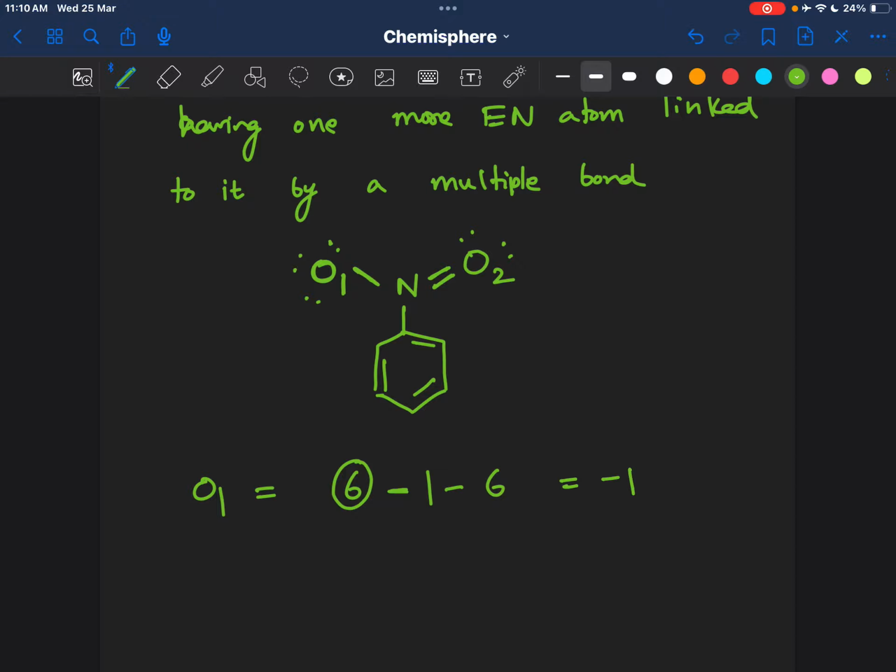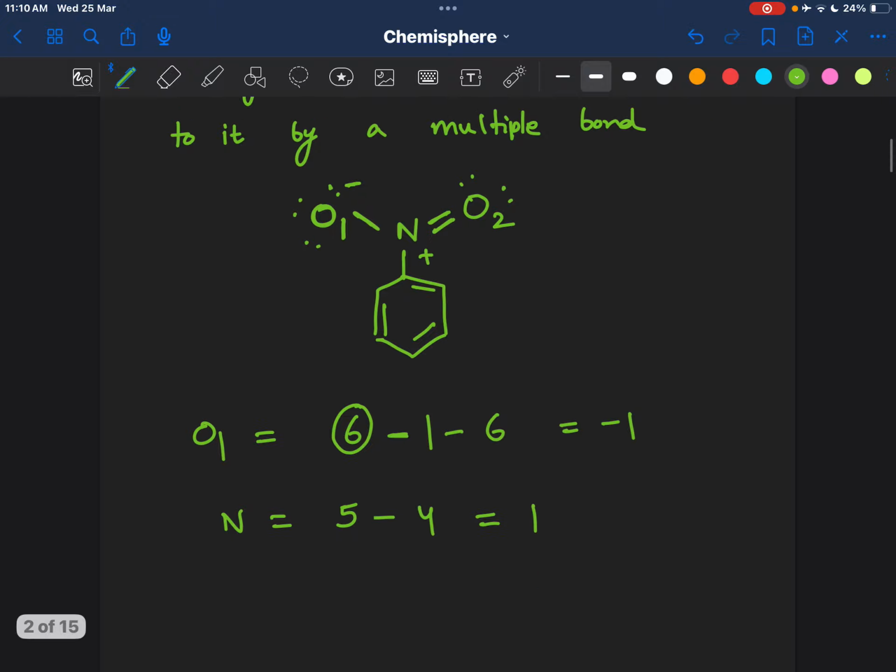So the charge here will be minus. The charge on nitrogen: nitrogen valence electrons are 5. Number of electrons involved in bonding, 1 here, and 1 2 here, 3 here, and 4 here. So 5 minus 4, and there are no lone pairs, as you can see. So it is going to be 1, plus 1. So nitrogen has got a plus charge.